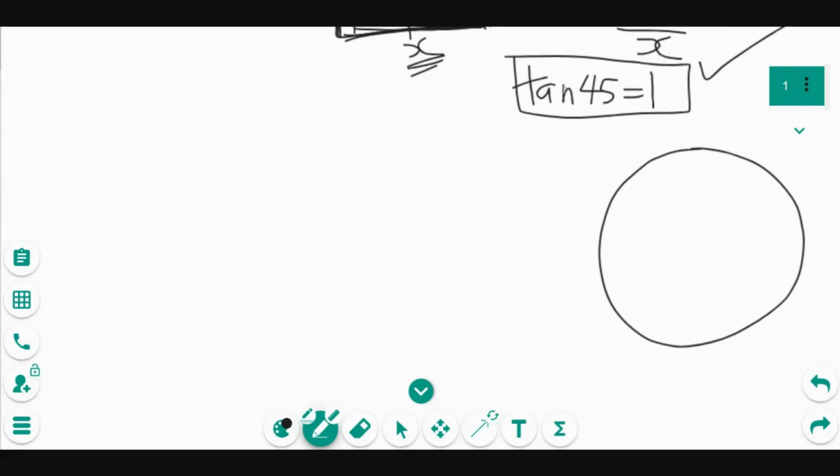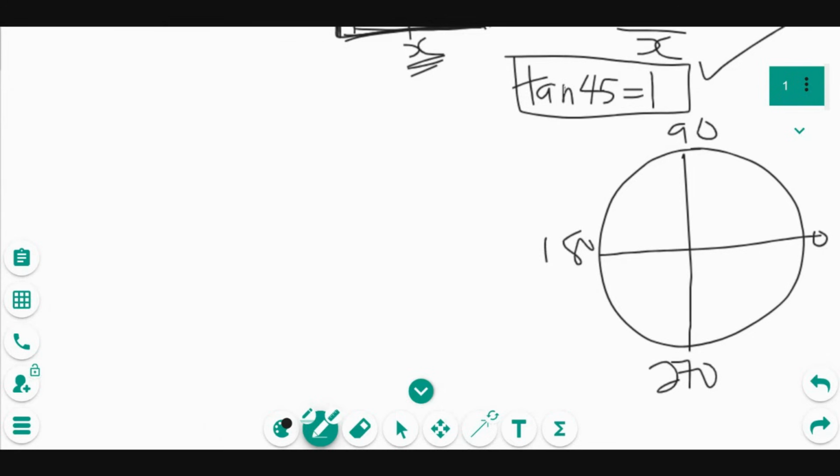We said that the total degrees that we can have in a complete cycle is 360, and we divided this into quadrats, into 4 equal parts, implying each is 90. This is 0, this is 90, this gives us 180, and then this gives us 270. And back here at 0, we shall have 360 degrees.